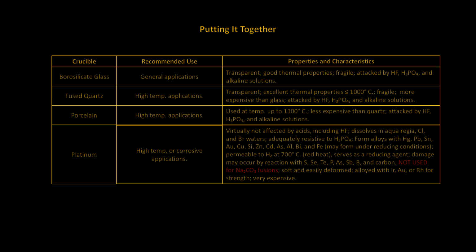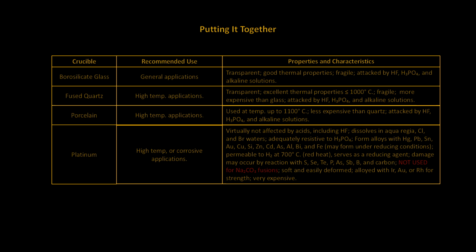The gas serves as a reducing agent. In addition to, during fusion, reaction with sulfur, selenium, tellurium, phosphorus, arsenic, antimony, and boron, as well as carbon, may damage the crucible. These crucibles are not used for sodium carbonate fusions.